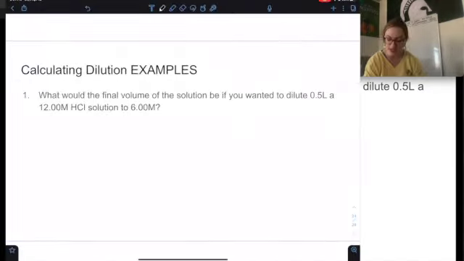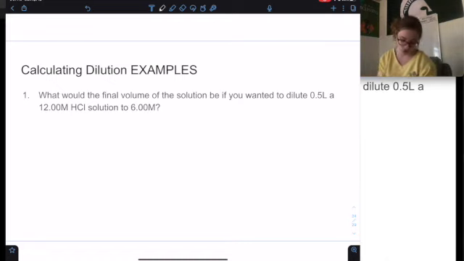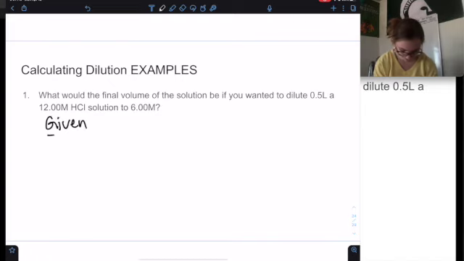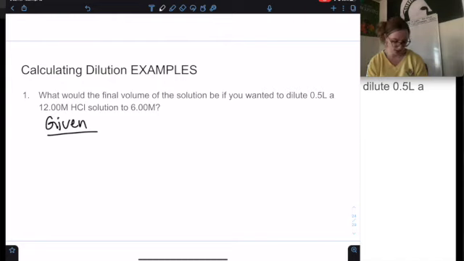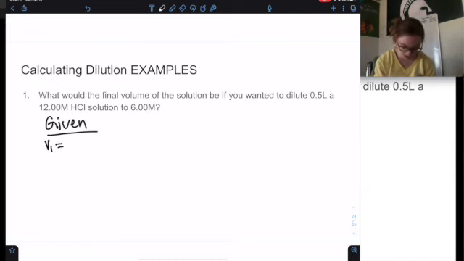Looking at my problem, I'm going to write down what I'm given, write down what I need, and triple check the units first and foremost. What would the final volume be? So we're looking for final volume. That means my first volume that I'm given, that 0.5 liters, is V1.